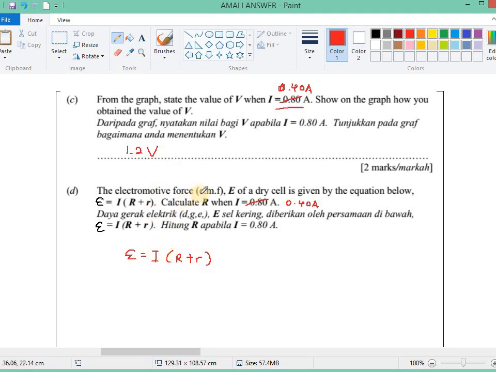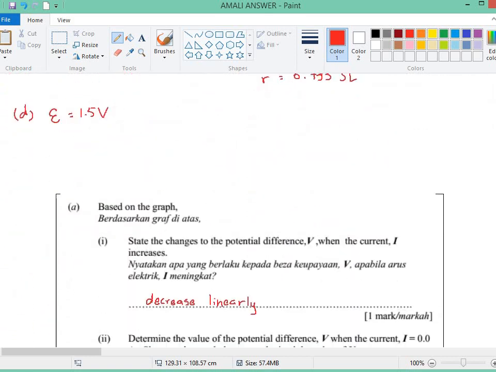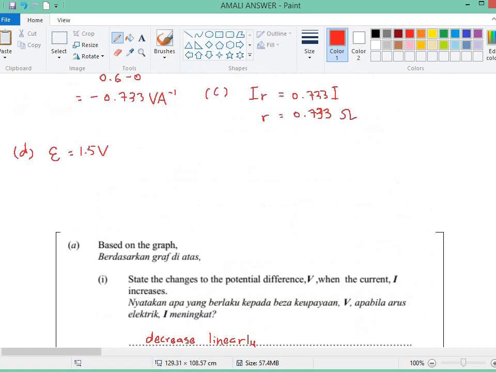Okay, so they want you to calculate R when the current is 0.4. So the EMF, we already know that it is 1.5. The current is 0.4. And then the resistance is how much when the internal resistance is, so here you already calculated the internal resistance, 0.733 ohm.